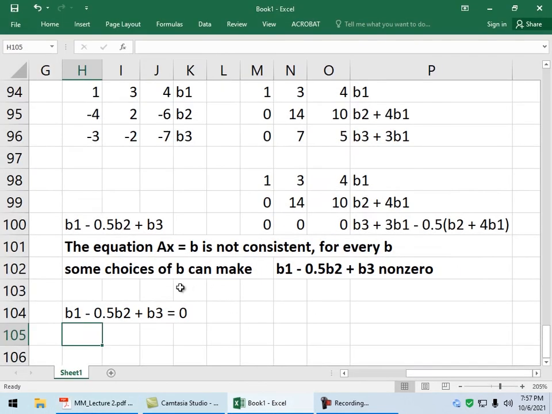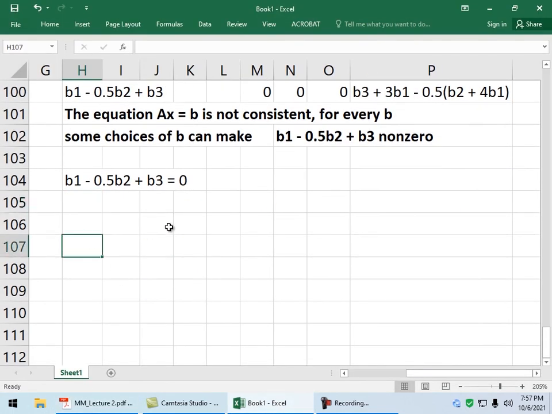The first example involves the row vector rule for computing AX.